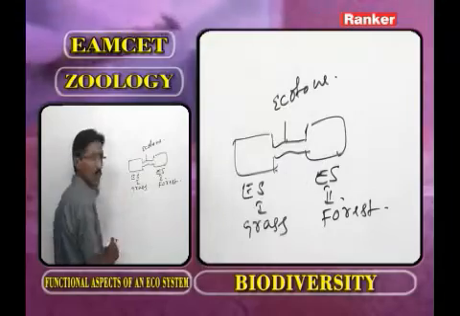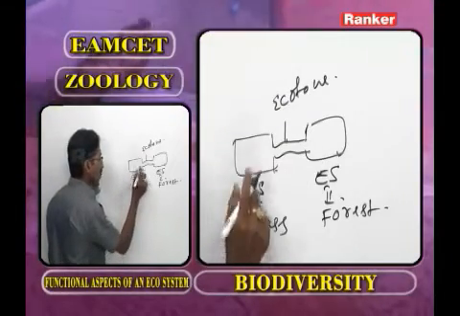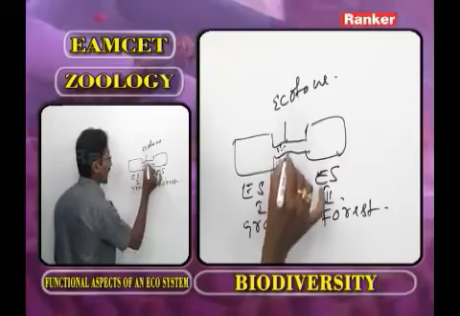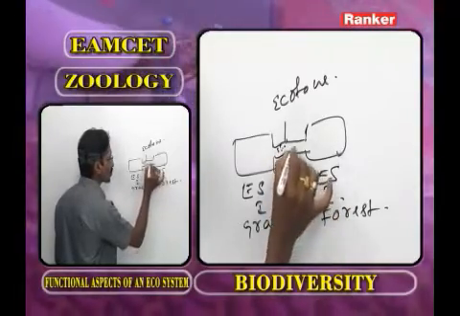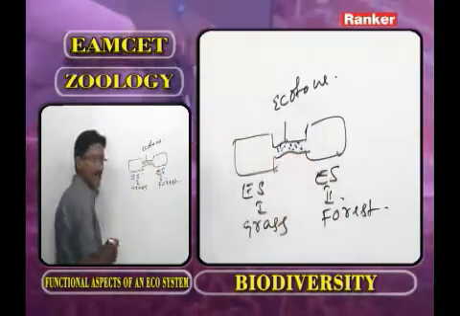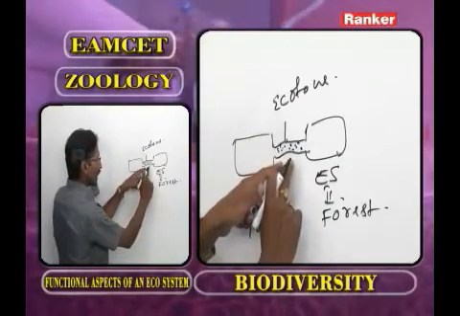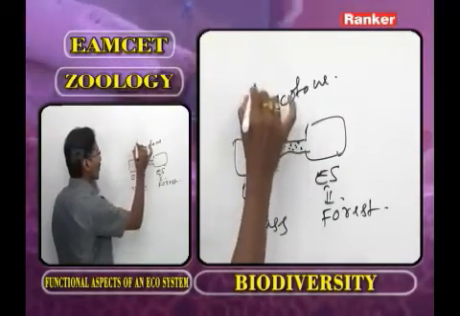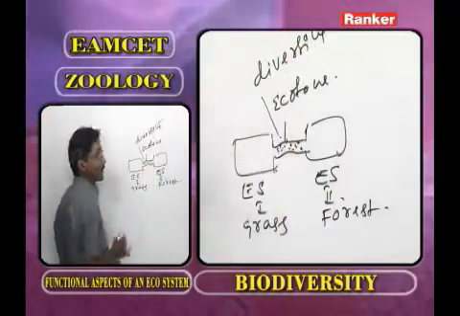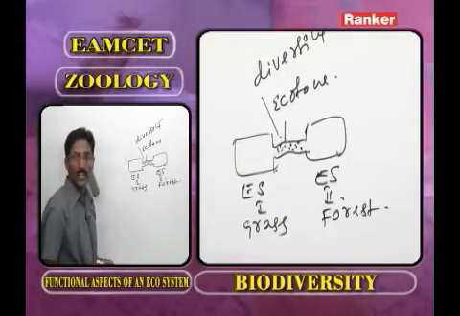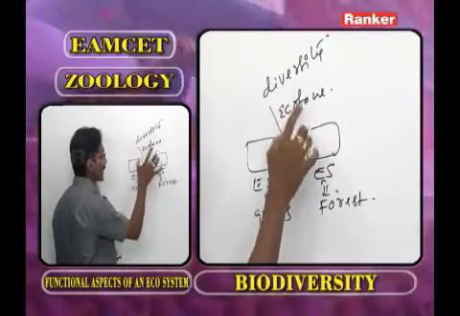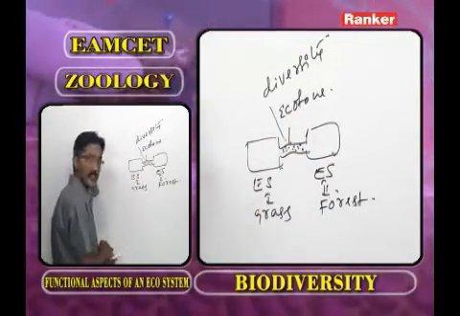Now in this ecotone, the ecosystem 1 species are present, as well as the species of ecosystem 2. Now in the ecotone, we have to observe the diversity. What is meant by diversity? Variety or differences. Now what is meant by ecotone? It is the transitional zone between two ecosystems.